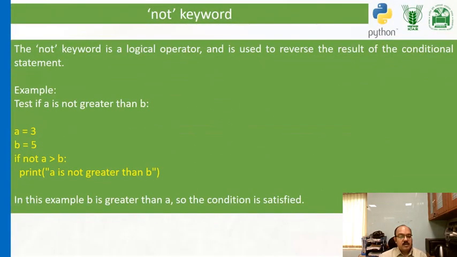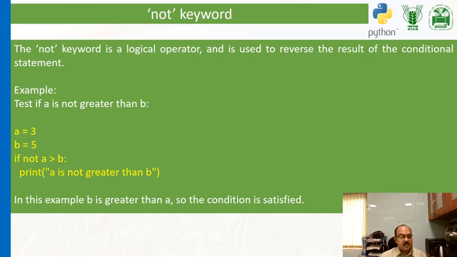Then we see the NOT keyword. This NOT keyword is again a logical operator, and it is used to reverse the result of the conditional statement. For example, we want to test if A is not greater than B. Value of A is 3, B is equal to 5.